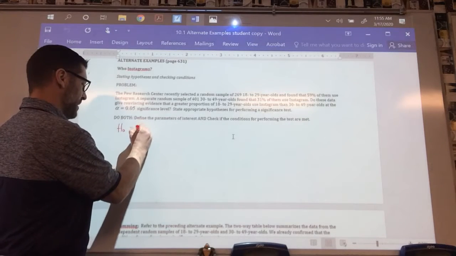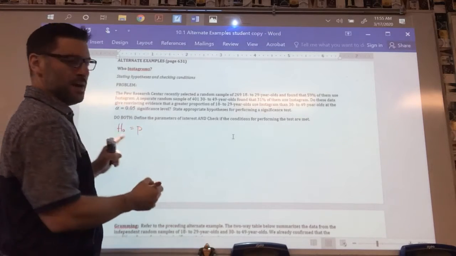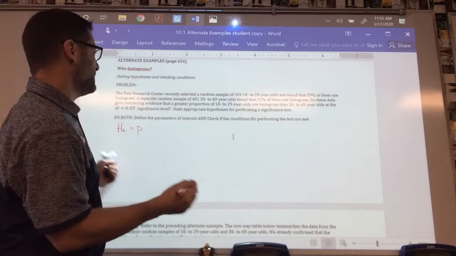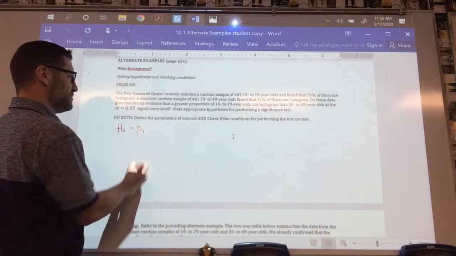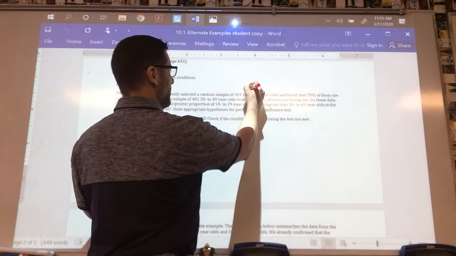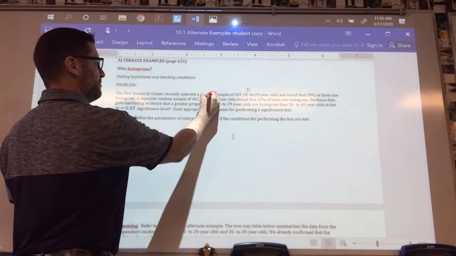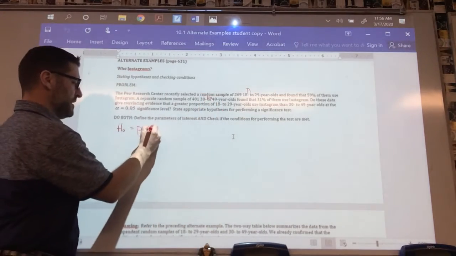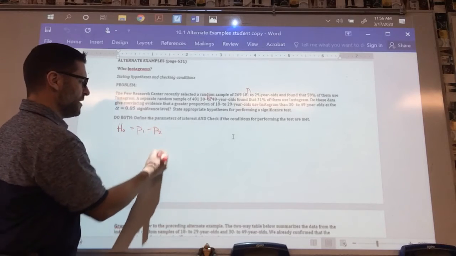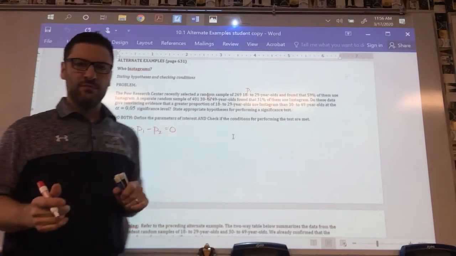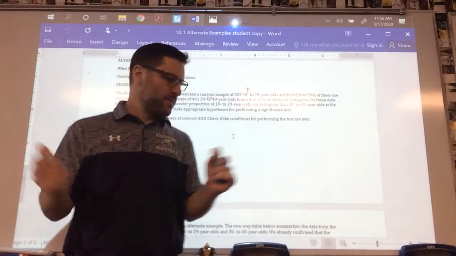So my hypotheses would be: I'll just use P1 for the youngsters, and P2 for the old people. So P1 minus P2 is equal to 0. My null hypothesis is there is no difference.